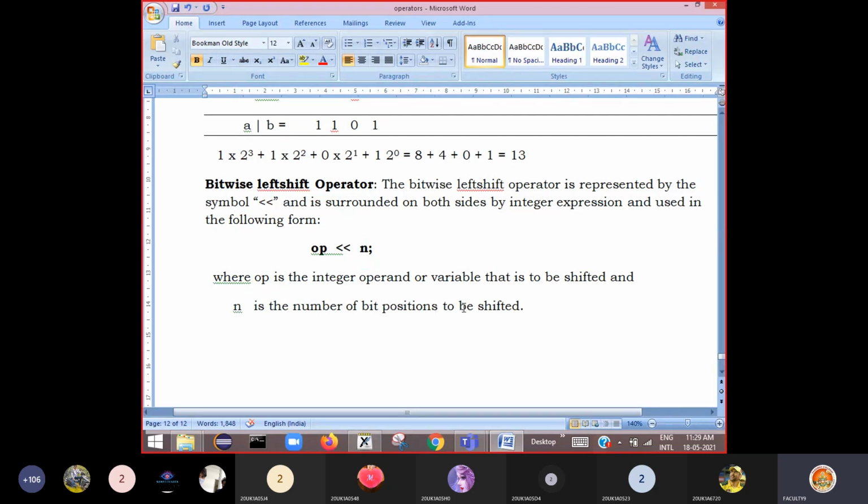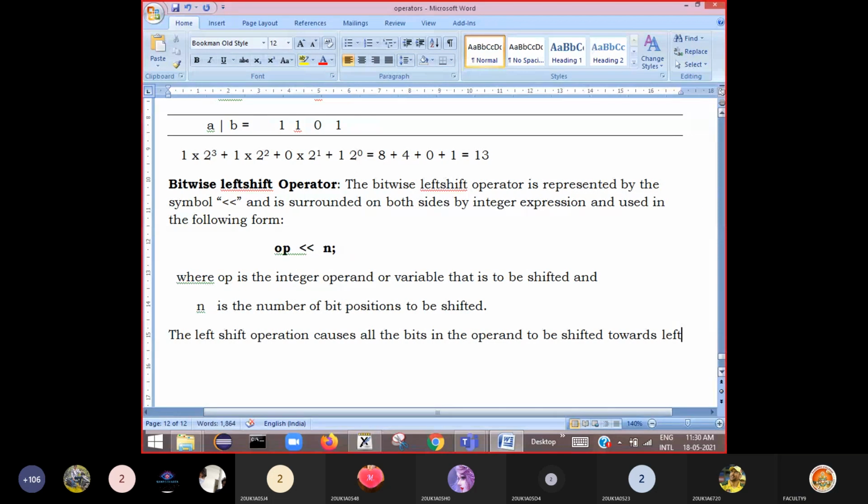We'll see the example. When you write an expression using the bitwise left shift operator like this, what will it do? The left shift operation causes all the bits in the operand to be shifted towards the left.